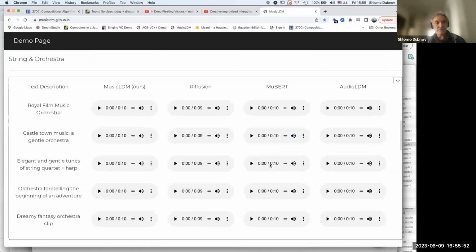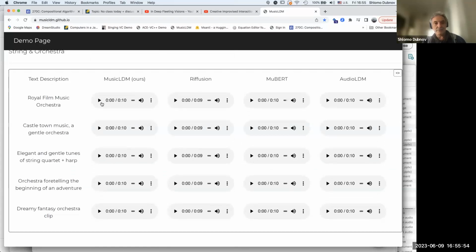Classical examples. Well, film music orchestra. Mubert. Which musical artificial brain interpreted better? I'll let you judge.